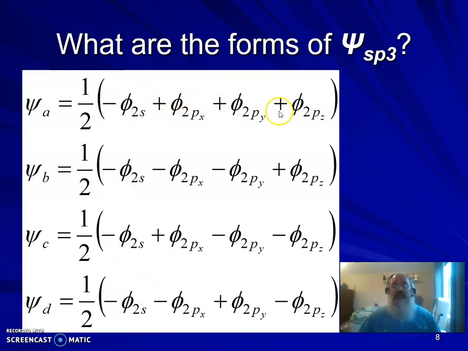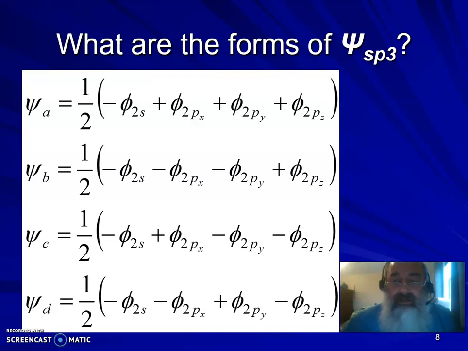But these 3 have to be equal to one another as well, and the squares of all 4 of these have to add up to 1. And so the only way to do that is for all of these to be square root of 1/4 or 1/2. And that's why we've written it this way. So this is one possibility for a wave function for the hybridized orbitals on a carbon, on a CH4 molecule.